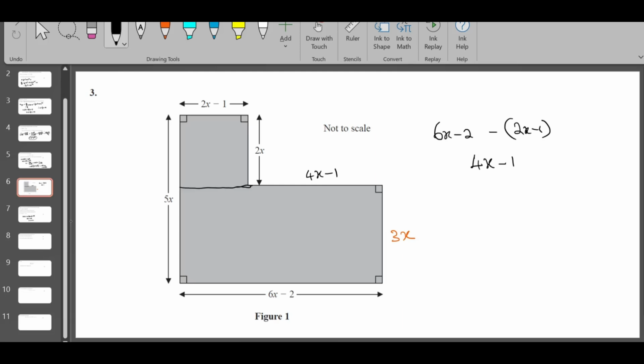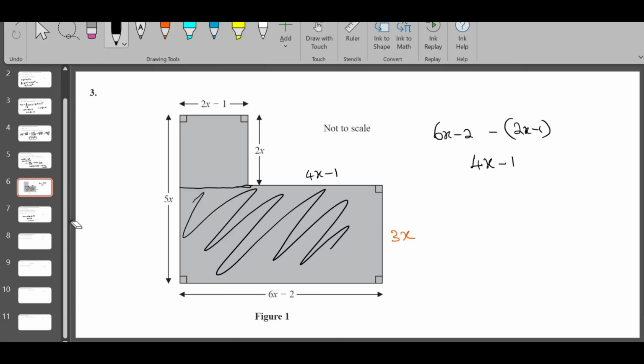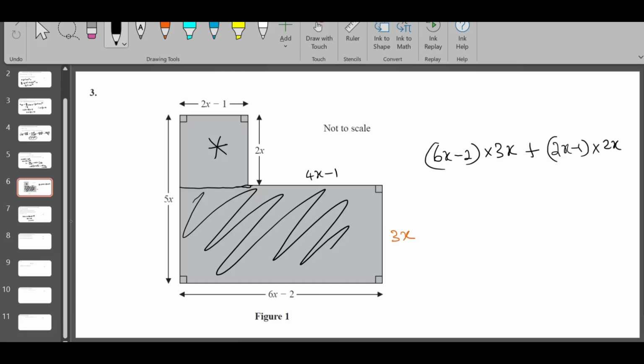So this figure is a rectangle, and the area of it is length times breadth plus this figure now, length 2x minus 1 times 2x, right? That's the area.